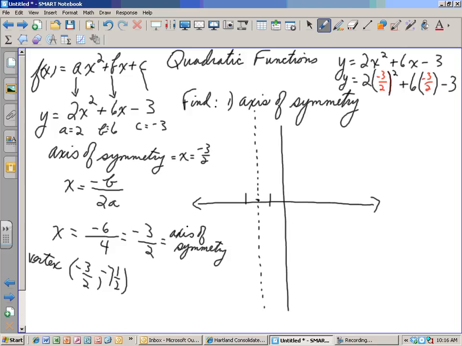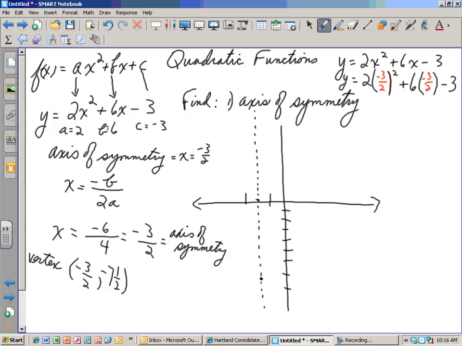Look at my drawing where you see the equation of the axis of symmetry. Notice it's a dotted line, because that's an imaginary line that cuts a parabola in half. And my vertex is at negative 3/2, which is right there, and negative 7.5, which is right here.